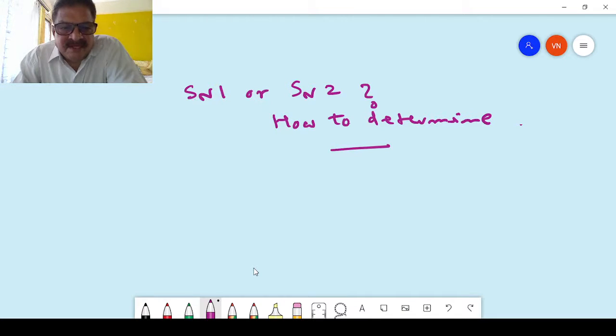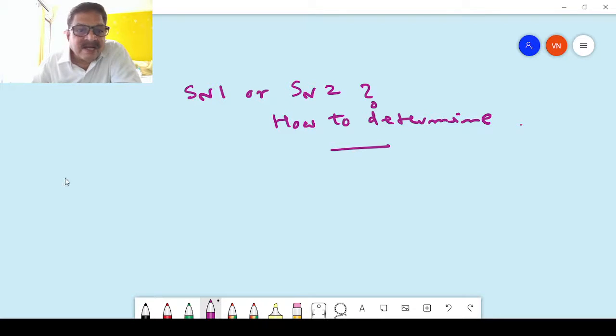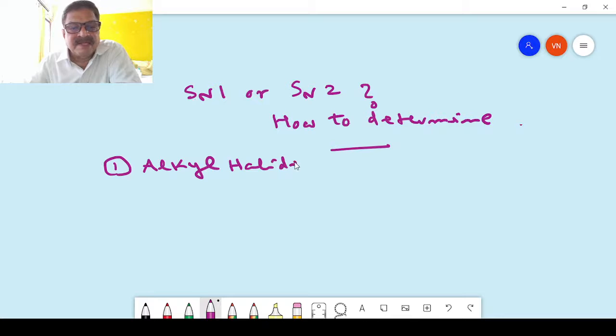Now we can identify four different factors. The first one is the alkyl halide, the nature or identity of the alkyl halide. It is a very important factor here because we have CH3X, that is methyl halide. Then we have a primary alkyl halide, RCH2X.